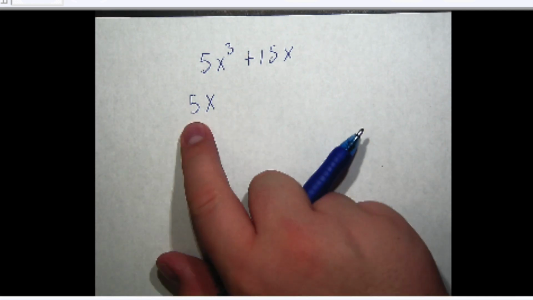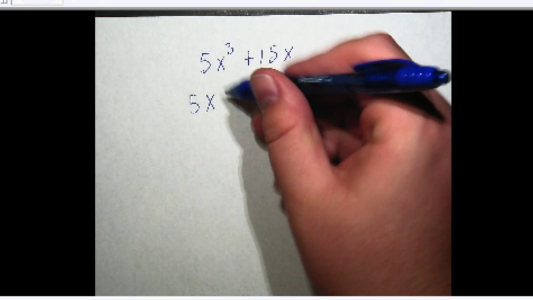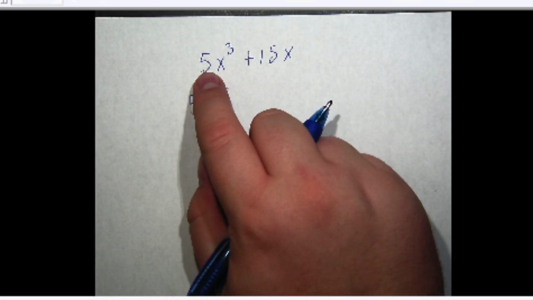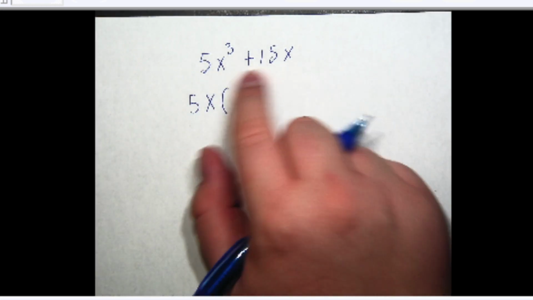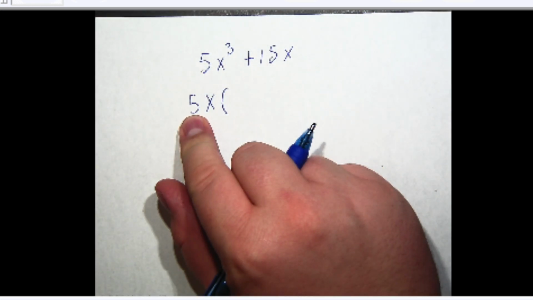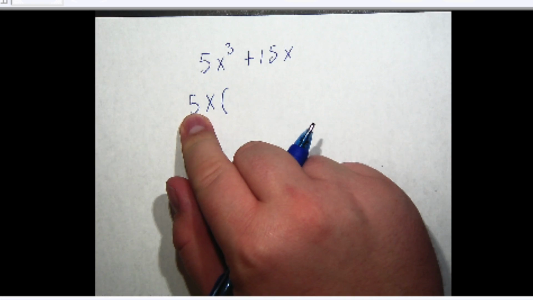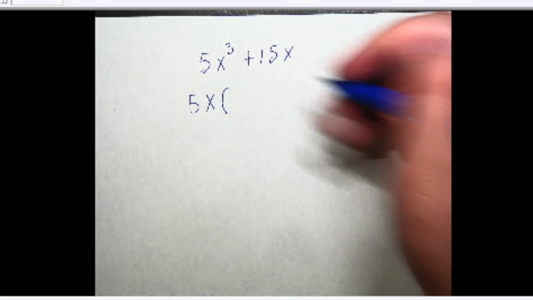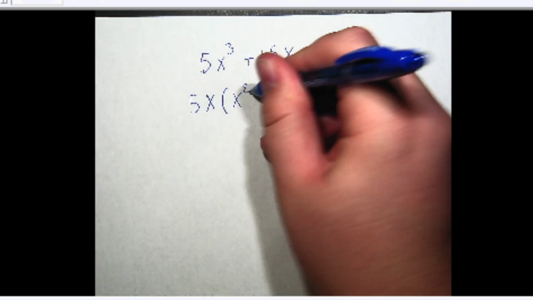Okay, so we can take a 5 out and we can take an x out. So when we do that, we divide this common factor out of both of these terms. 5 divided by 5, well, that's 1, so it cancels. Then x to the third divided by x leaves us with x to the second, or x squared.